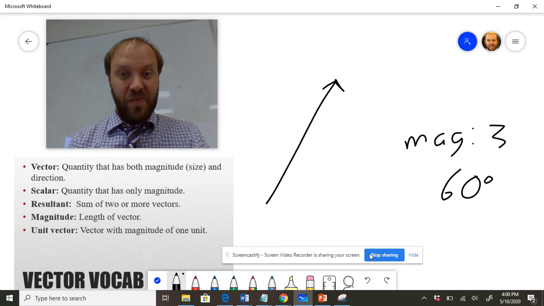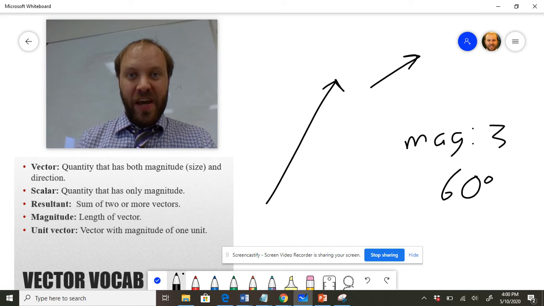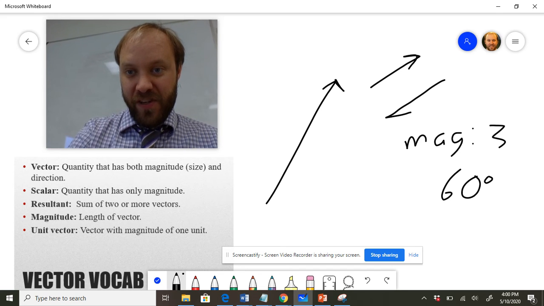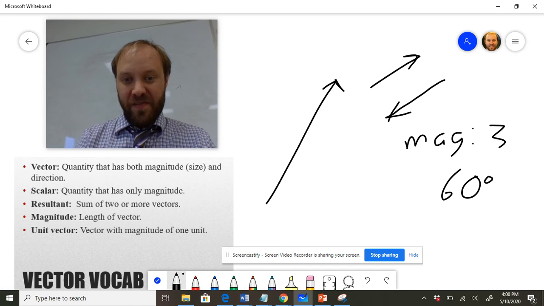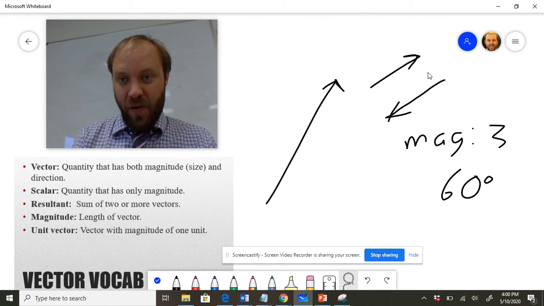So if I wanted to subtract two vectors, say I had a vector that looked like this, and say I had a vector that looked like this, and I wanted to do vector 1 minus vector 2, let's say, we could just draw the negative version of vector 2, which is basically going in the opposite direction. And we could add those head to tail just like before.